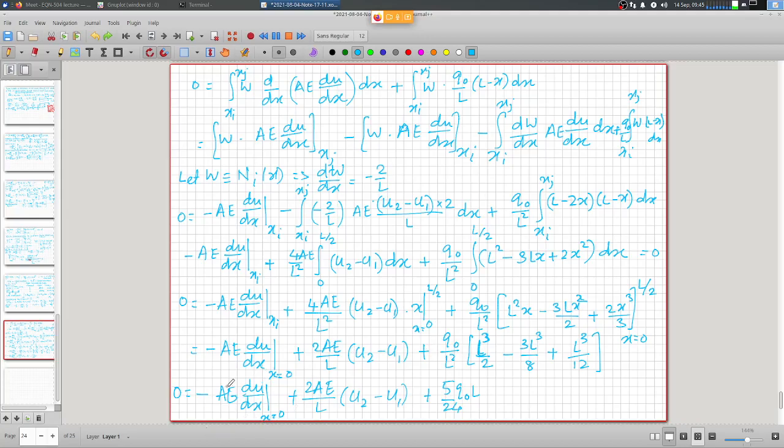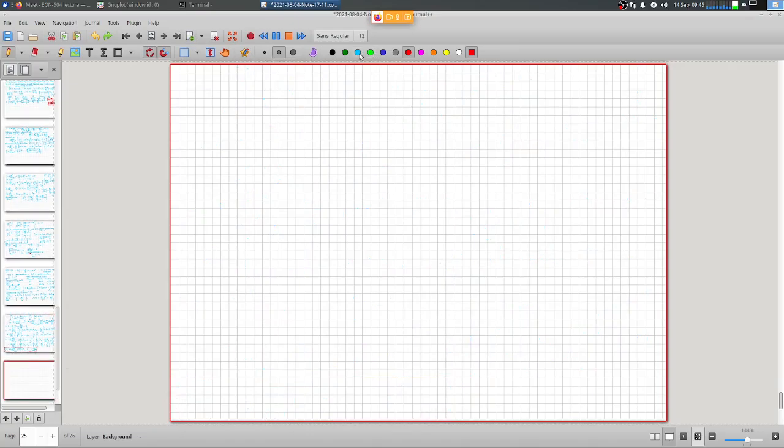So that's the first equation for using W is equal to Ni, and we can get a similar equation if we choose W is equal to Nj.